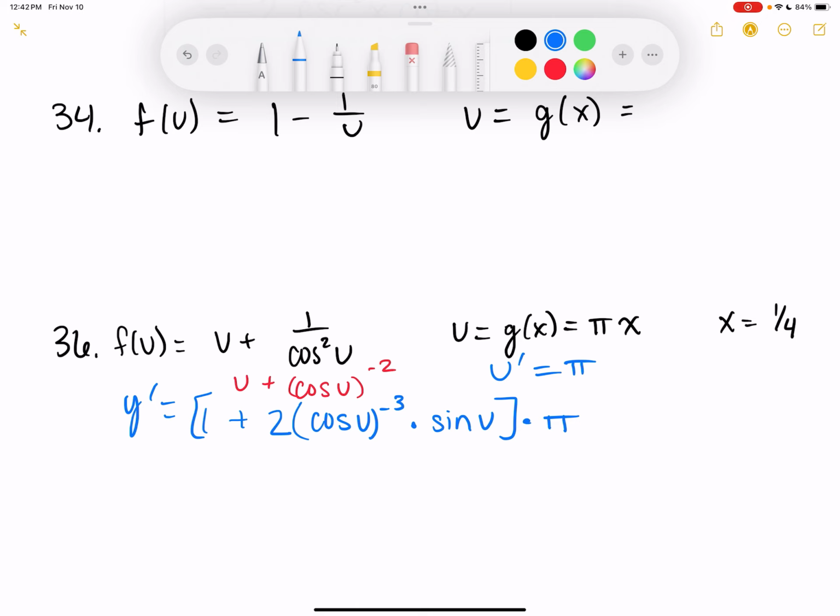Anywhere there's a u, I now need to put pi x. So this is going to be 1 plus 2 cosine to the negative 3 of pi x times the sine of pi x all times pi.